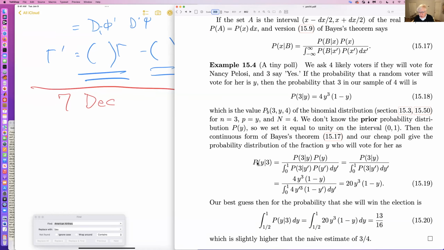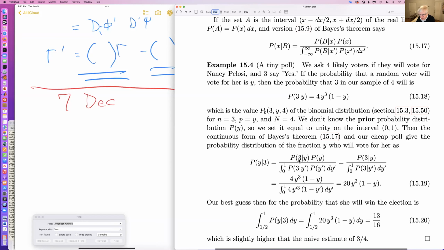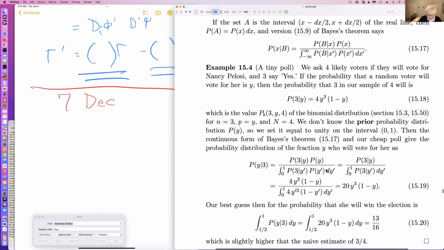And our cheap poll, and so the probability of y given 3. Now remember what y is. Y is the probability that a random voter will vote for Pelosi. So by Bayes' theorem, it's the probability of 3 given y times the probability of y, divided by the probability of 3. But the probability of 3 is an integral over the various y primes from 0 to 1 of the probability of 3 given y prime times P of y prime. We're going to set P of y prime equal to 1, so it's just this.